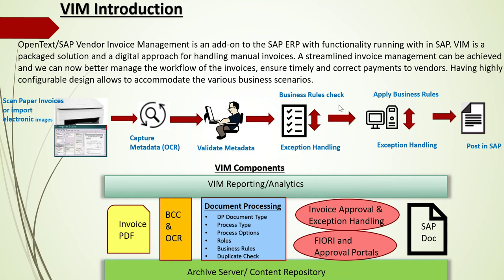Coming to applying the business rules: this is the rules check. The system will identify and throw an error. After correction, you apply the business rules. Say the vendor has multiple company codes. The vendor is created for X but not for Y, and this invoice is received for Y company code.